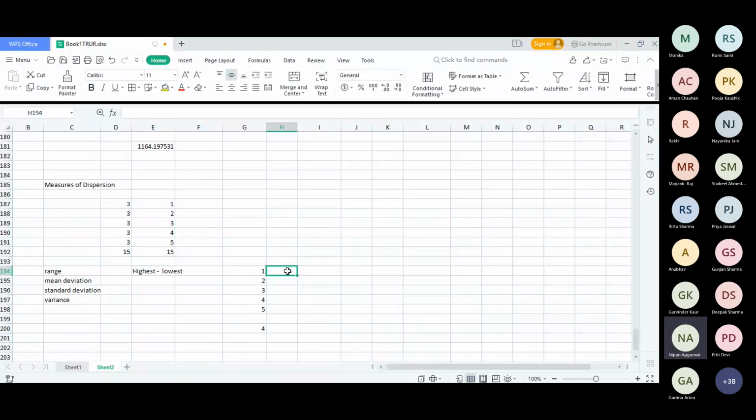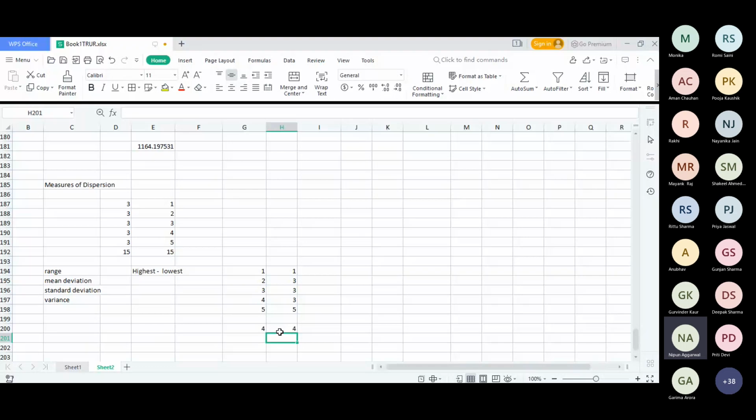But if we take another data set, 1 and so on, what is the range? The range of this data is also 4. The range is also 4 for the first and also 4 for the second. The range is based only on the extreme values. It will not take into account the intermediate values, so it will not take into account 2, 3, 4.